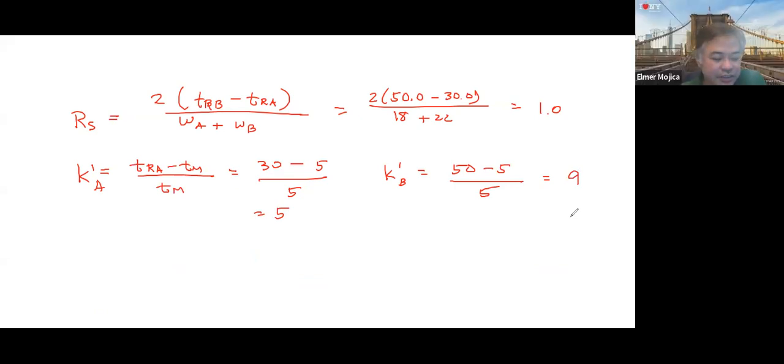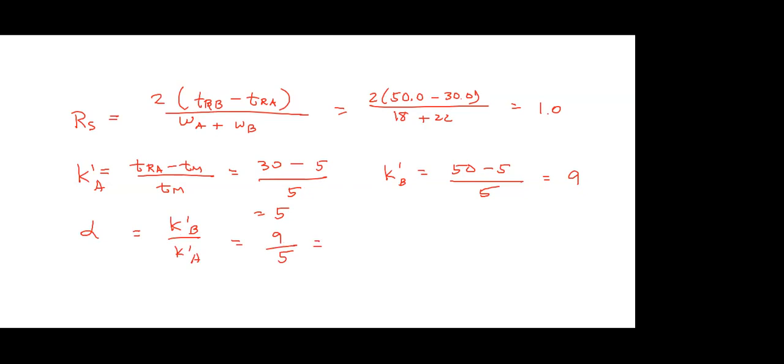So that is what we call the retention factor. If you want to look at the relationship between the two, we get the so-called selectivity factor. This is just K of B over K of A, so 9 over 5, which gives you 1.8.